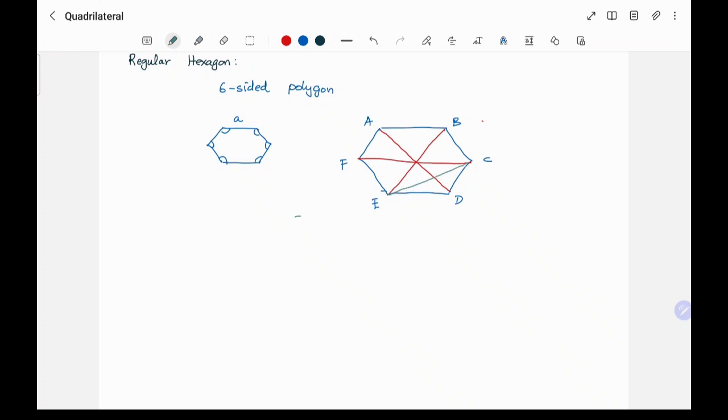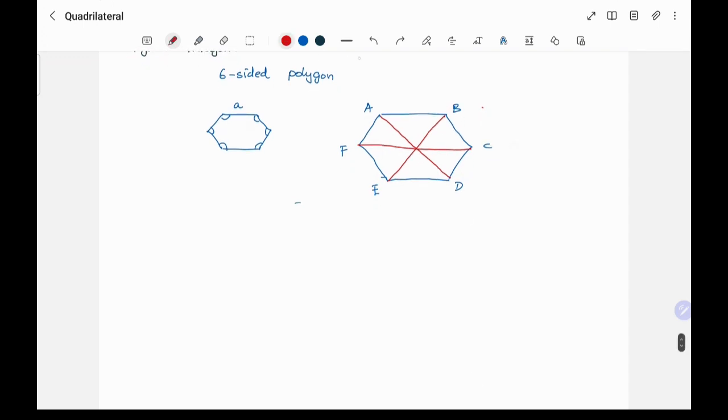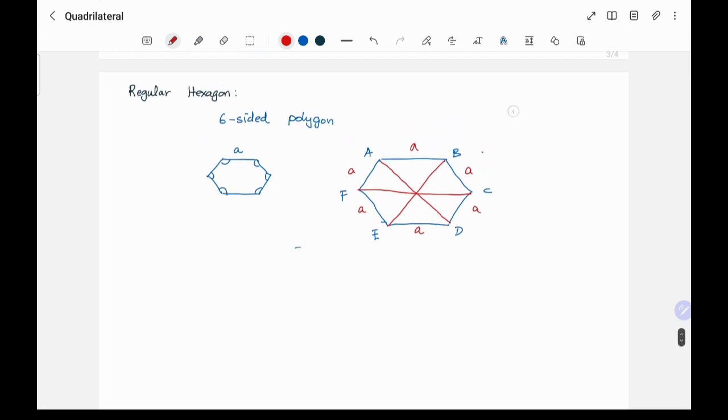E and C, F and D, these are all other diagonals. But let's say the ones connecting the opposite corners are the main diagonals. The side length is A, and the interior angle of a hexagon is (n minus 2) into 180 degrees, so 4 into 180 degrees, divided by 6 gives each angle. So each angle is 120 degrees.